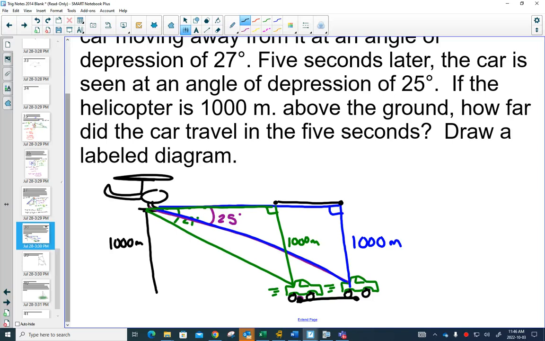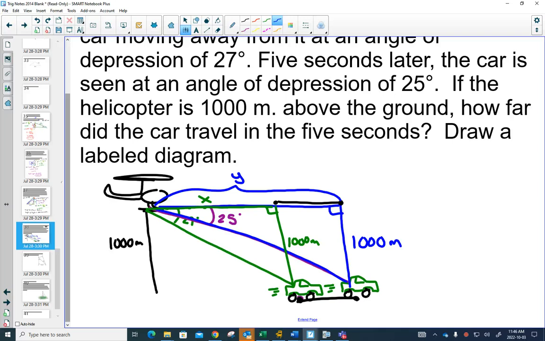Does it make sense that on my green triangle, if I find this length x, and on my blue triangle, I find this whole length from here to here, call it y, that if I did y minus x, I would get the distance?